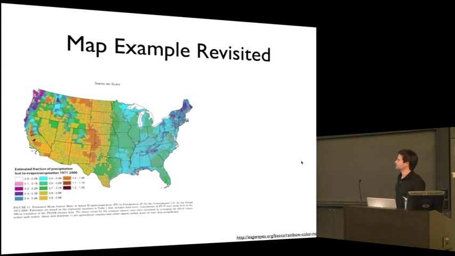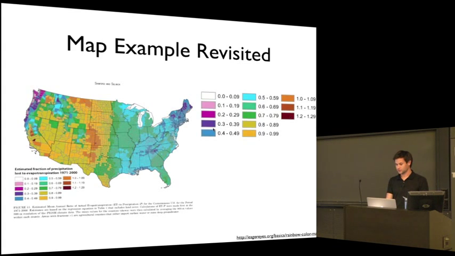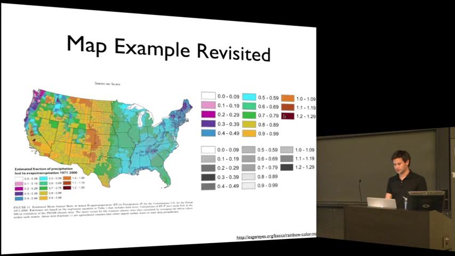Let's go back to this map example. With this map example, I've shown that they're using different colors here, and they try to bring them in a natural order, which doesn't work. If you use just this here, then it will be more intuitive.